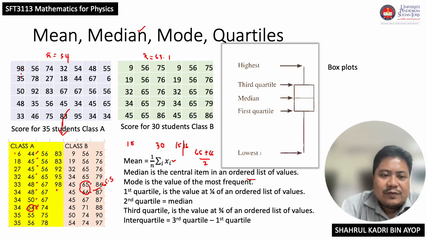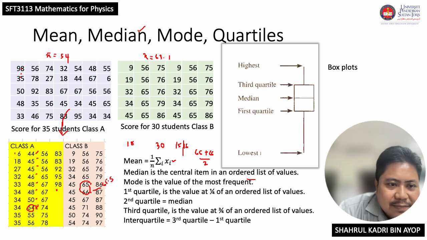So when we go to the number set for class A, which one appears the most? Okay, so this is 50. Where is it? 56, 3 times. This is also 3 times. So if I'm not mistaken, we have several mode values.